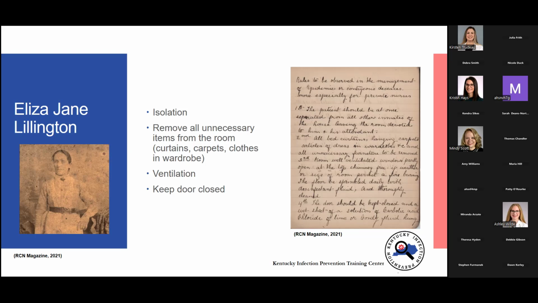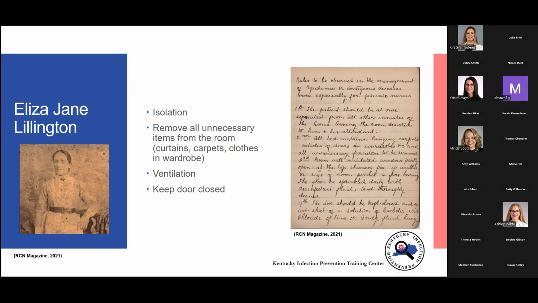Second, all beds, curtains, hanging carpets, articles of dress and wardrobes, and all unnecessary furniture to be removed. Third, well-ventilated windows partly open at the top, chimney free of weather, or a size of room to permit a fire burning. The floor to be sprinkled daily with disinfectant fluid and thoroughly cleaned.